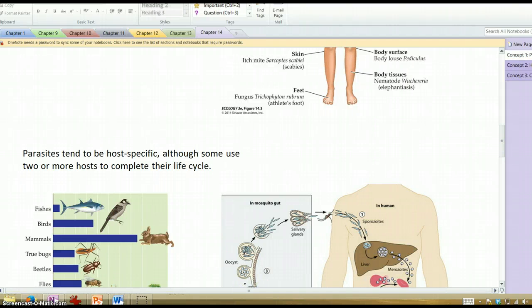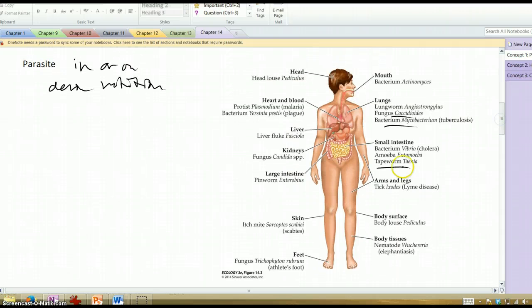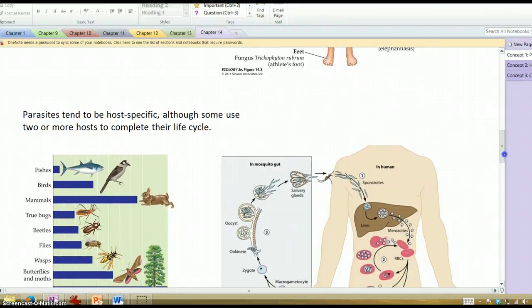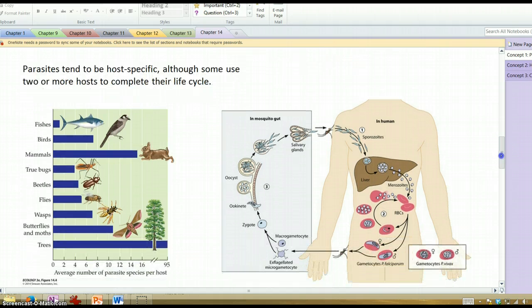Parasites tend to be fairly host specific. That is, Mycobacterium tuberculosis, which is what gives us tuberculosis, is pretty specific to us. Now, sometimes, though, a parasite will use multiple hosts to complete its life cycle, although often it really only is damaging to one of those hosts.